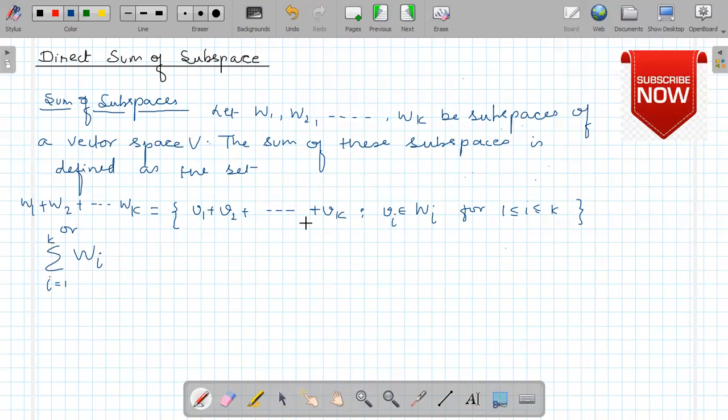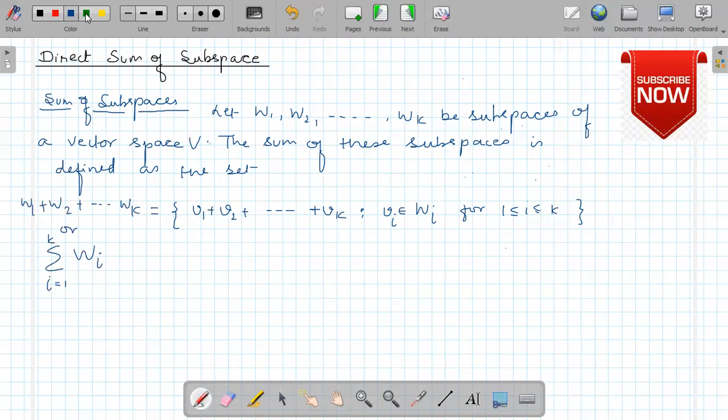So this is equal to this set. You can check that the set that we obtain by adding the members of these subspaces is itself a subspace of the vector space. You can verify this.